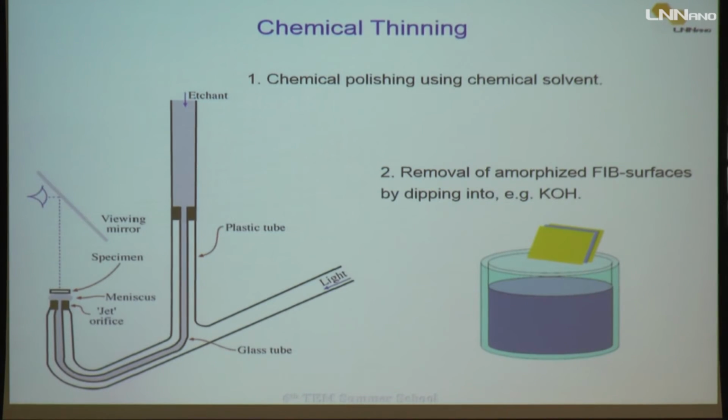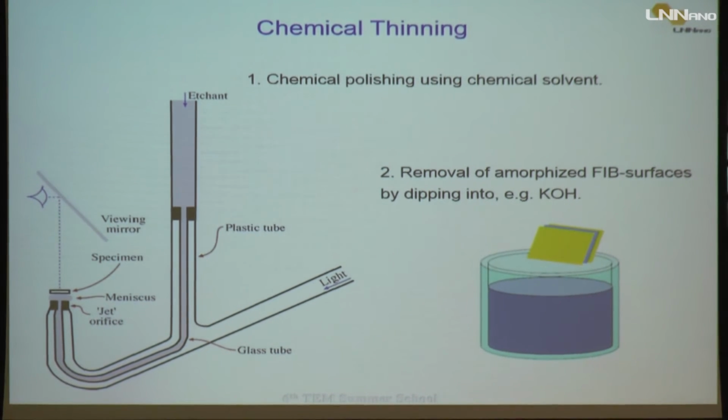We have the possibility also of chemical thinning that will work not exactly, but in the same framework. By using a chemical solvent of your material, you can go with the polishing of the surface.